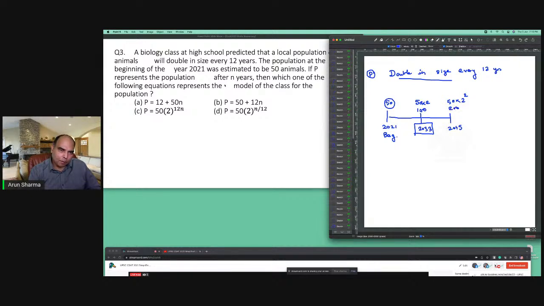If P represents the population after n years, which of the following equations represents the model of the class for the population? The best thing to do here is not think much.